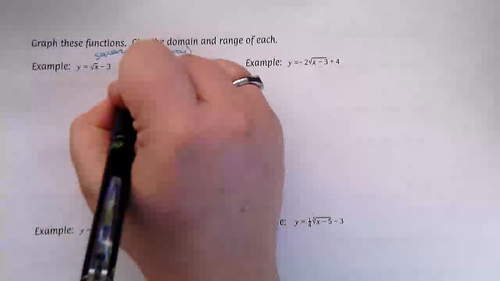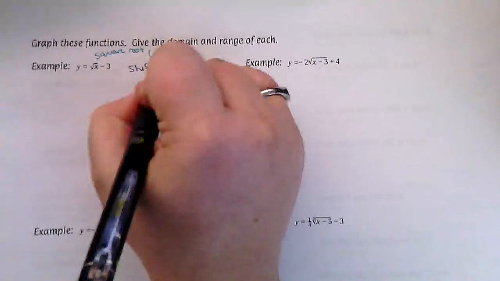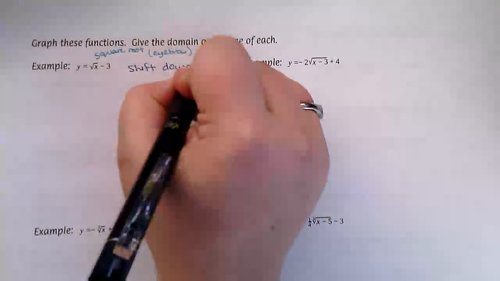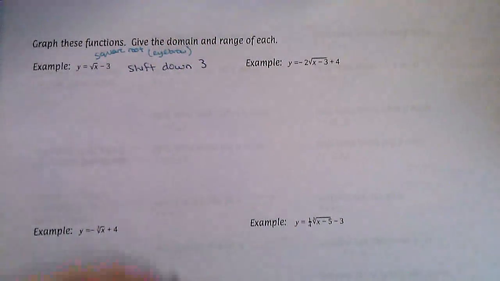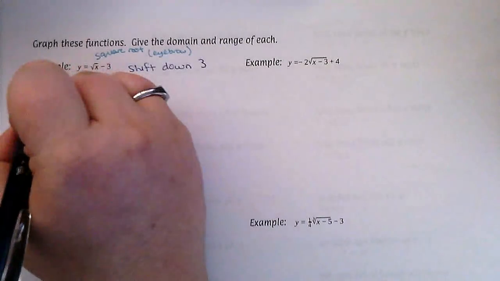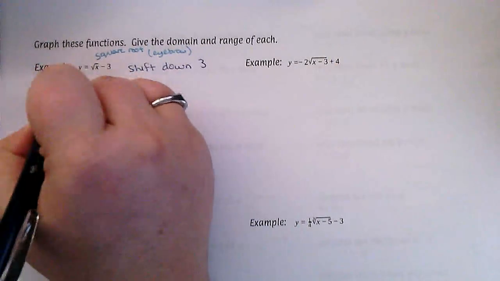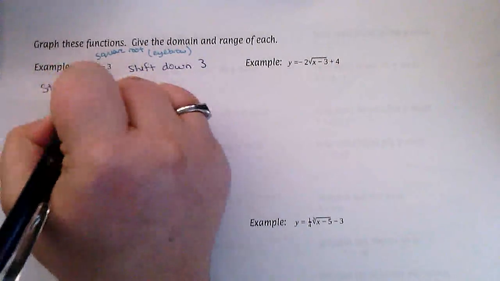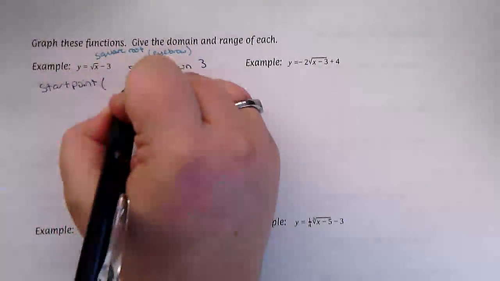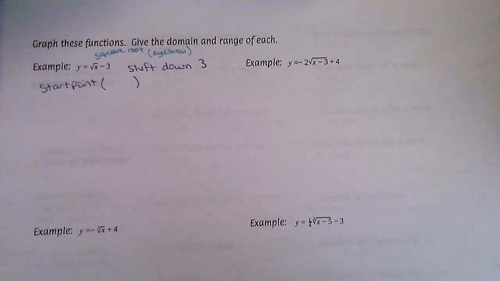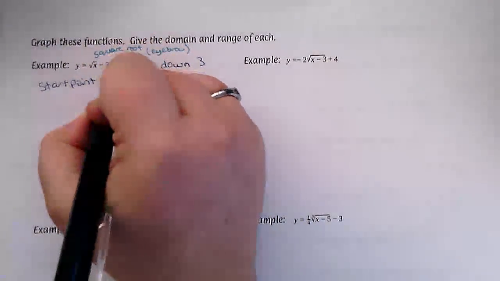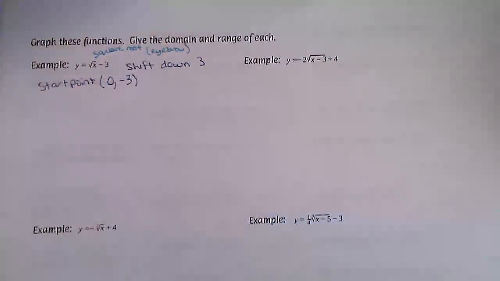So here, that is a shift down 3. So down 3 is going to change my start point. So my start point was at 0, 0. If I move it down 3, now it's at -3.